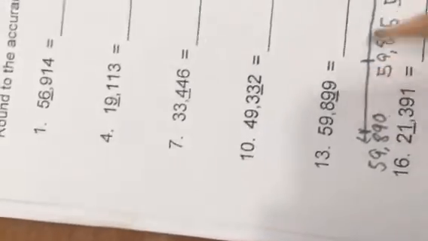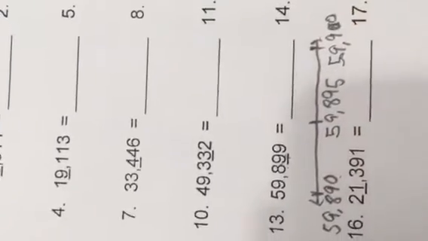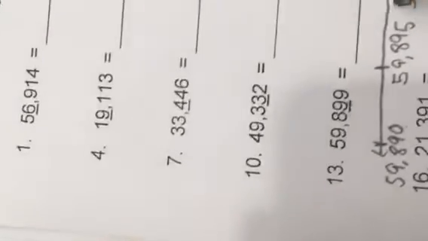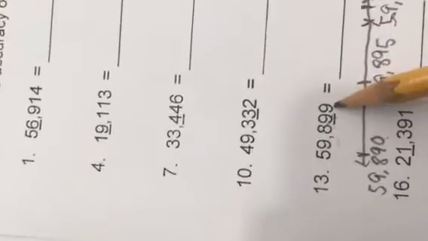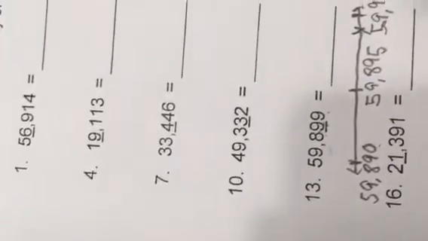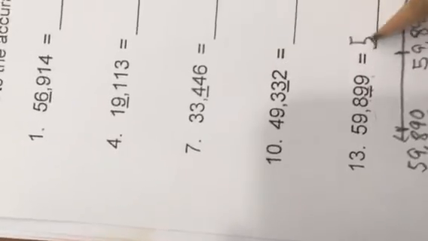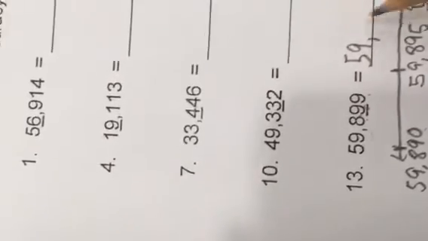Okay? Now we consider where this number would land on this number line. And it would be somewhere here, of course. That means that this number would actually round up to 59,900.